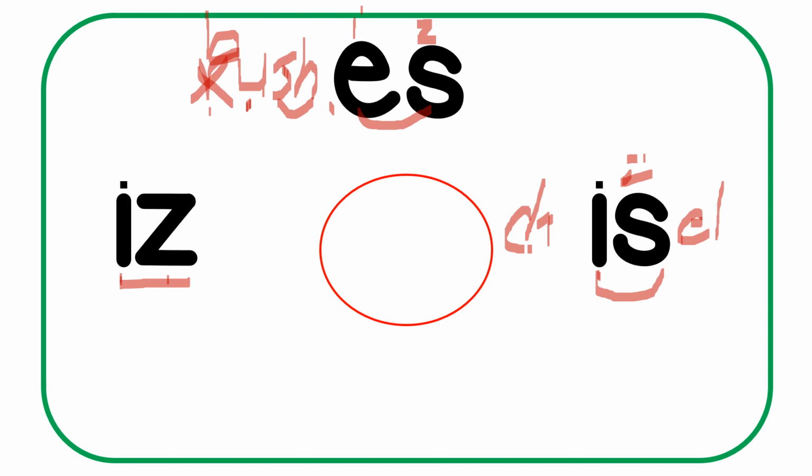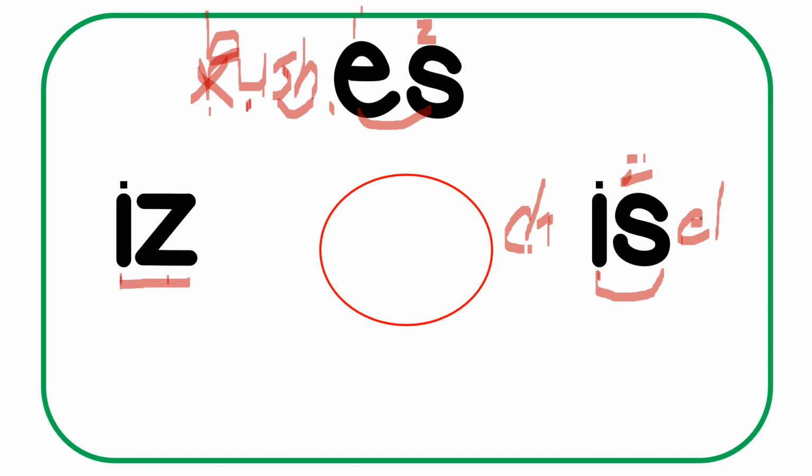Hope you have grasped those and you're able now to use them as we go along. So remember, I and Z, we can find that at the middle of words. We can find it at the ending of words. We may even find it at the beginning of words.